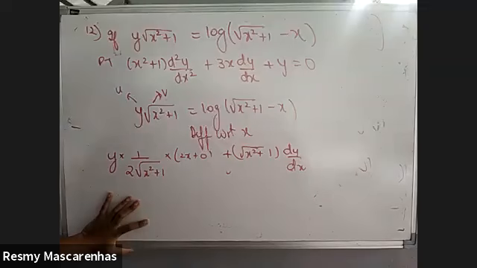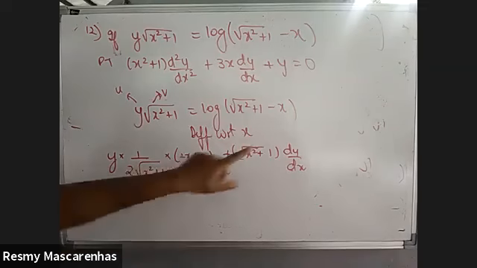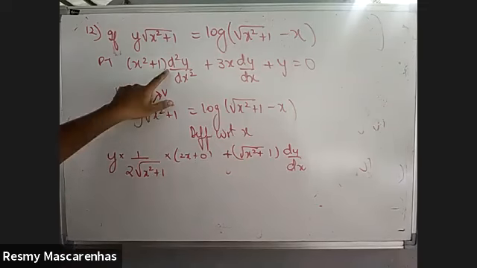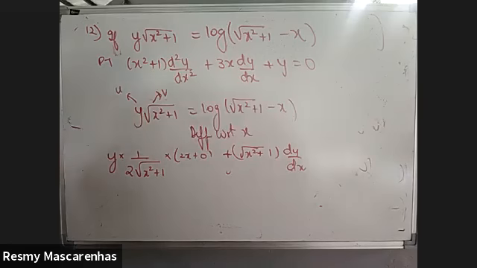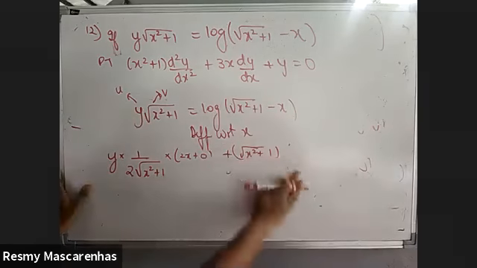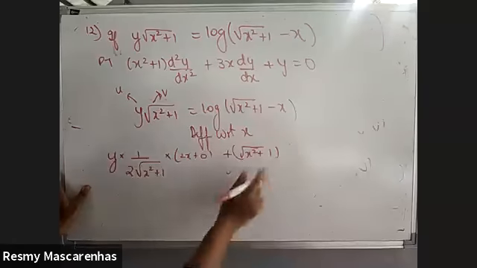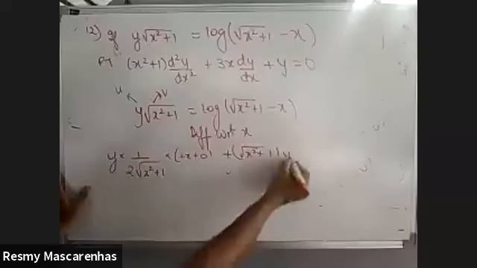If you are comfortable with y1, you can follow the same thing with y1, and at last you can change the answer. After getting y2, instead of y2, you can just replace it by d square y upon dx square. If you are comfortable like this with plain numbers, directly you can follow that only.